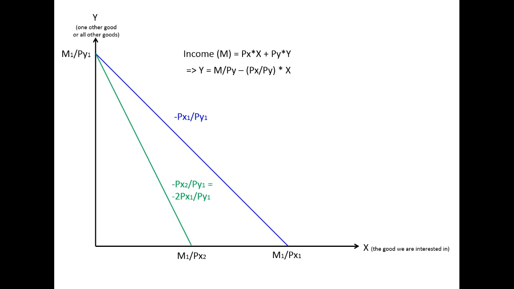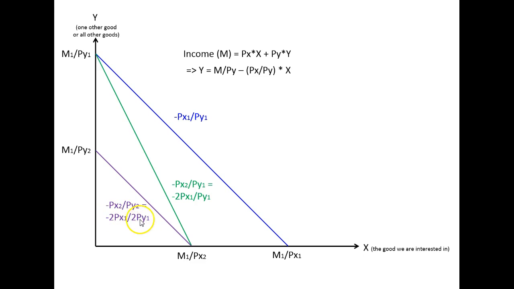So the next disturbance would be that we double the price of Y as well. So we will have M1 divided by Py2. That will give us a situation here with this new budget constraint, the purple one. And before I tell it to you, what's the slope of this one? Well, the slope is of course minus Px2 divided by Py2, which is the same as 2Px1 divided by 2Py1.